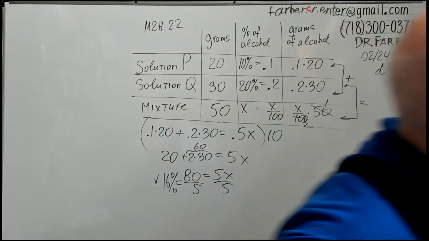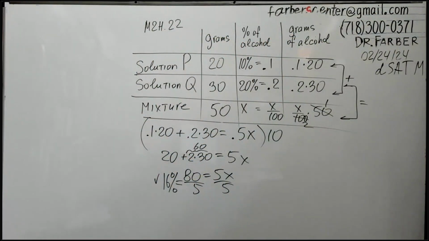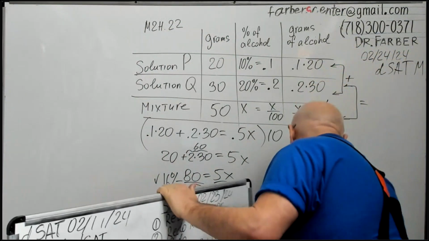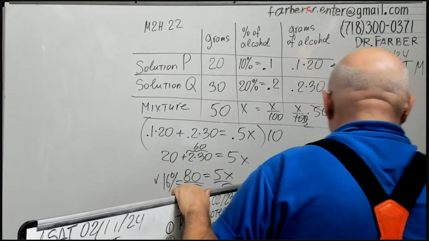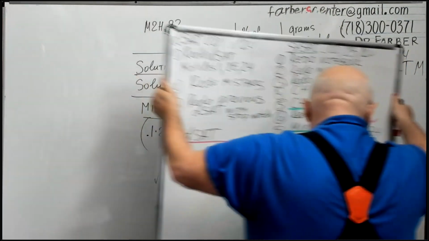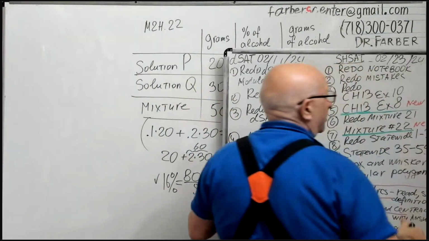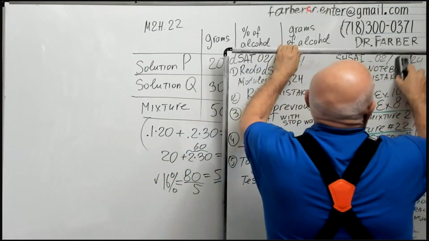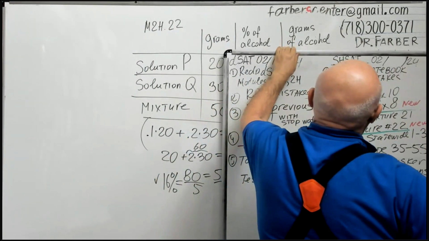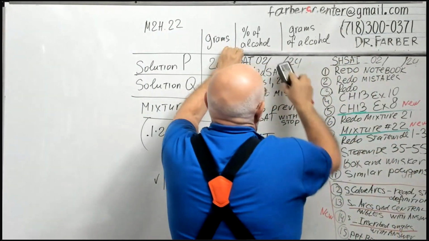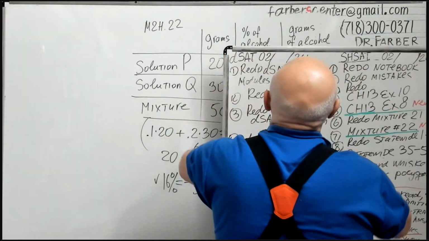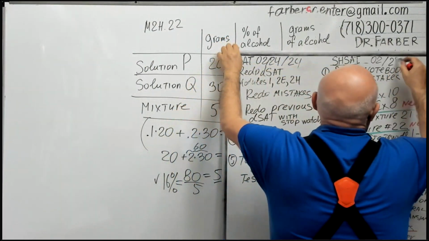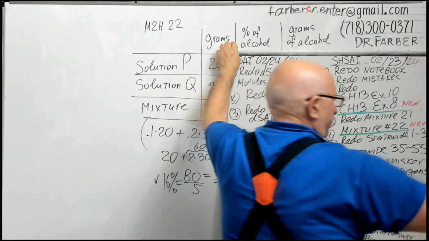So what is your homework? Your homework today, the 24th. Hundreds and hundreds of my students get a perfect score, and 1,000 get close to a perfect score.